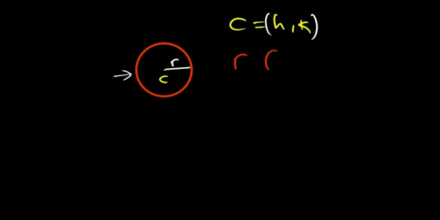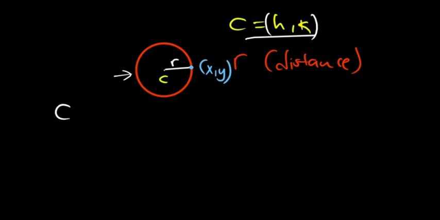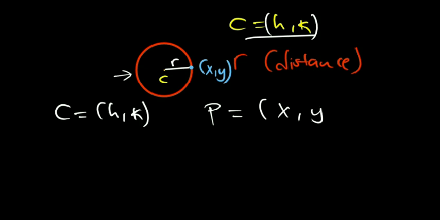So the radius being the distance, and let's say any point on the circumference is x comma y, and then we know of course our center is h comma k. So using these two, we can easily come up with an equation, right?